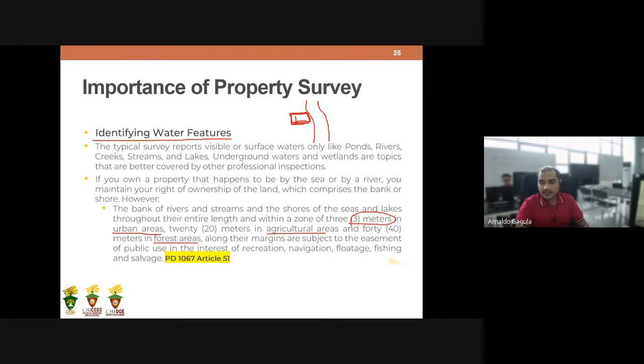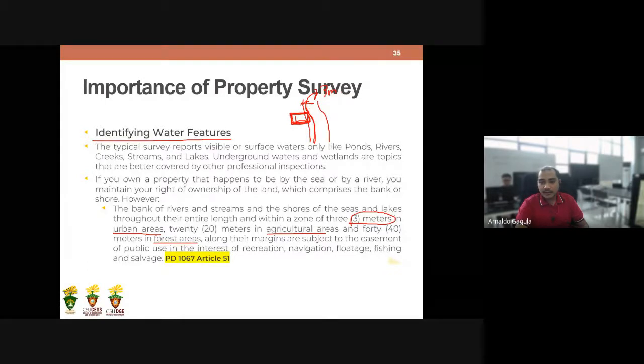The easement means that from this line of the river, you set back 3 meters, or you place a direct easement of 3 meters. Let's say this is 3 meters. Your property of land is inside the 3 meters.